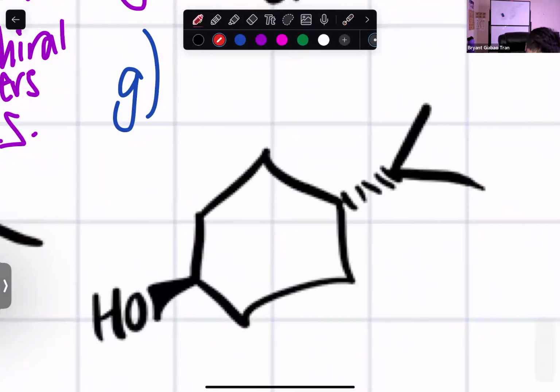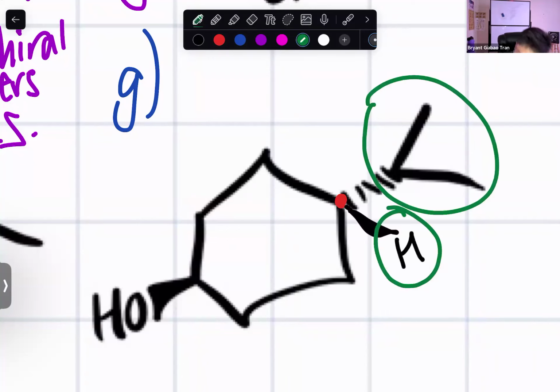And let's look at this chiral center. How many chiral centers are in the structure here, on this ring? Zero, right? Because if you look at this carbon here and see how many unique groups it has, this is one unique group, the isopropyl. This is another unique group, a hydrogen.